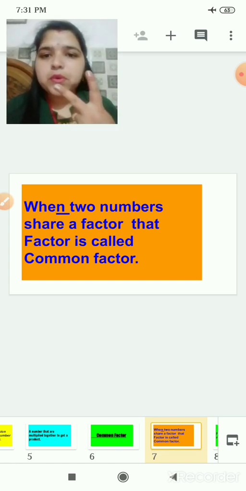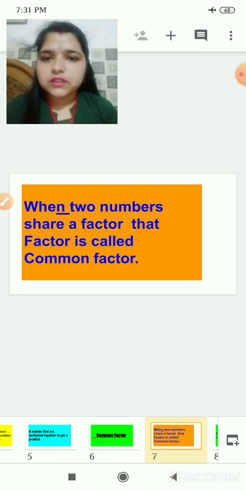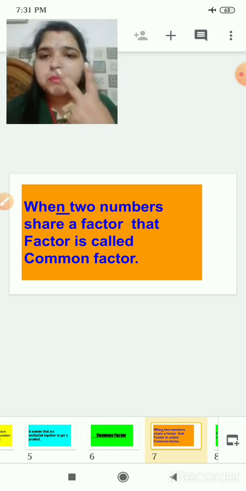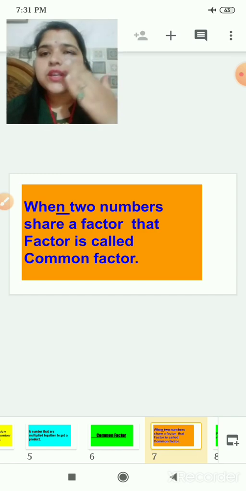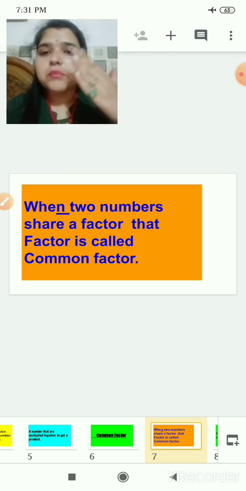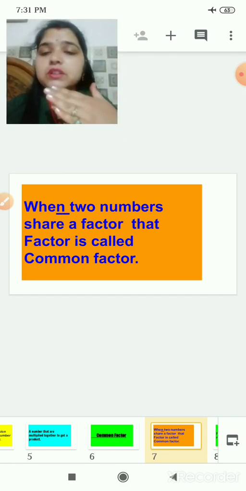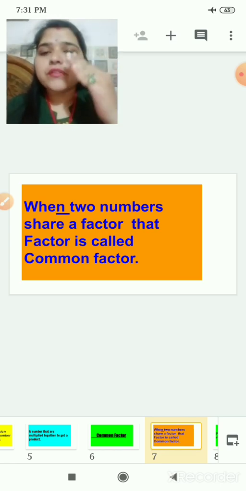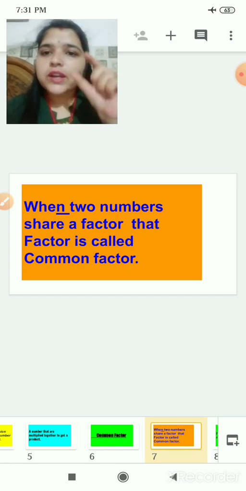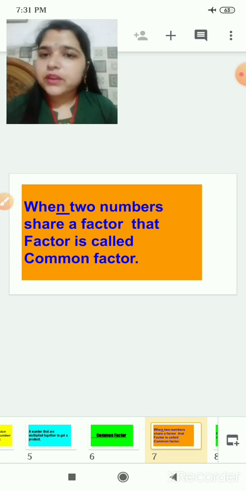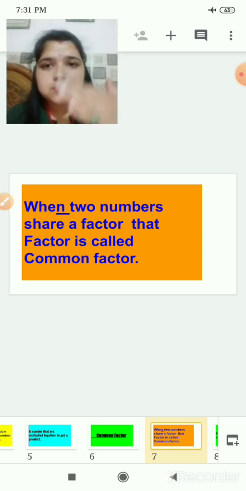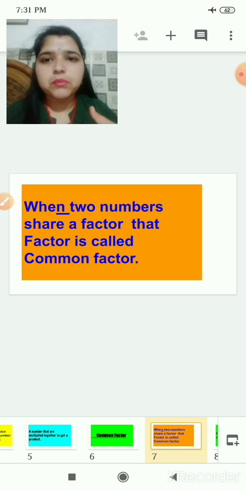It means two numbers are given to you and they share a factor, and that factor is known as a common factor. Factor you know, and common means the same, similar in both the numbers.